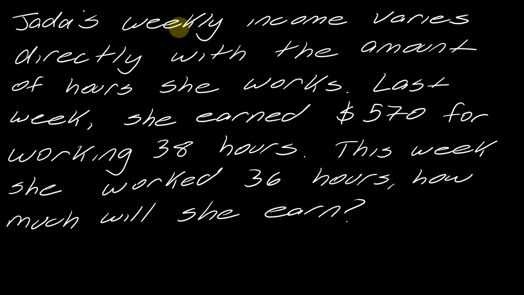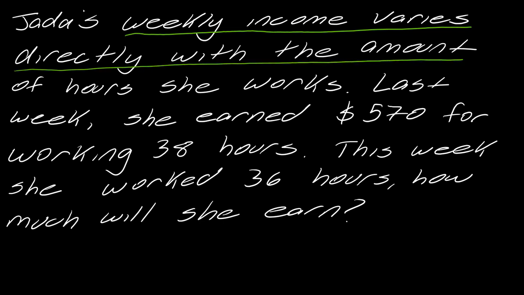So I've got weekly income varies directly with the amount of hours she works. So you're now going to have to actually just name your variables. My weekly income, we could call this maybe I for income.